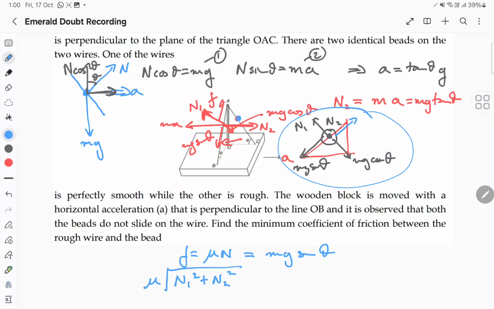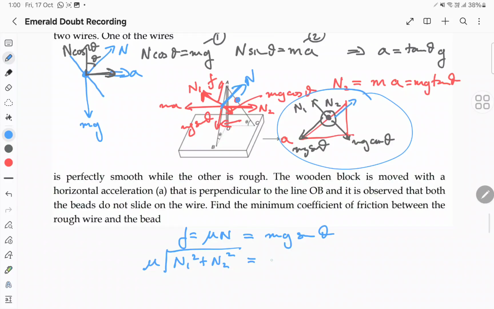Like in 3D, I can kind of show you, maybe difficult to show, like this way is your actual normal reaction. Anyways, the bead is rubbing against the wire, and the wire is providing a friction equal to mg sin theta, in terms of N1 and N2.